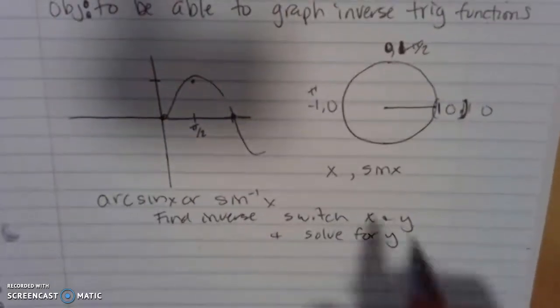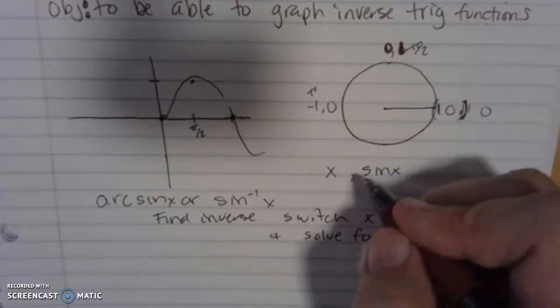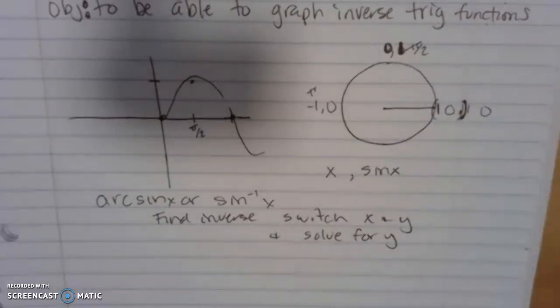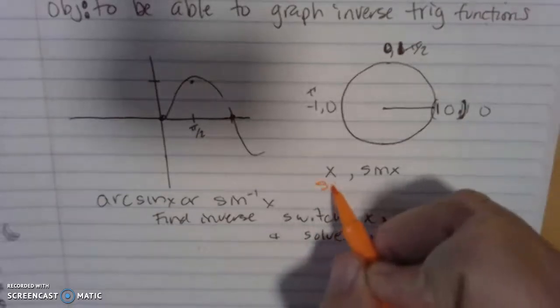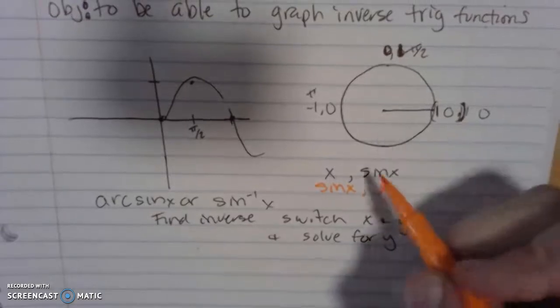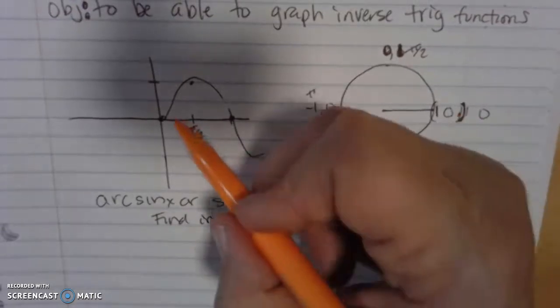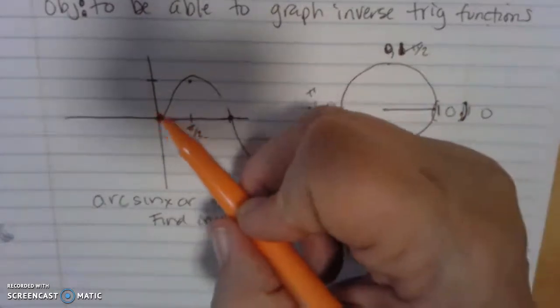So when we're graphing, we're going to switch the x and y. So instead of graphing x, sine x, you would graph sine x, x. So at 0, sine of 0 is 0, so I'd still have (0, 0).